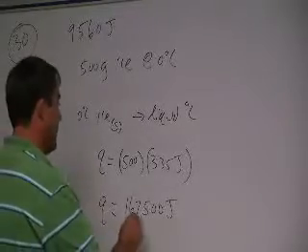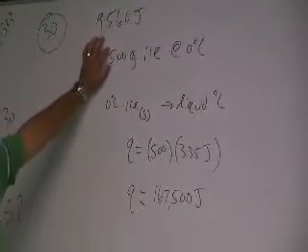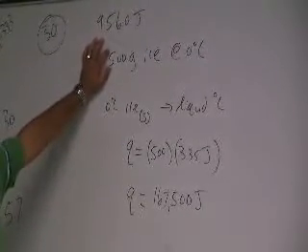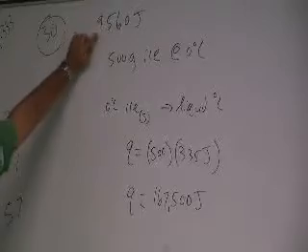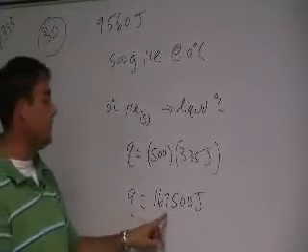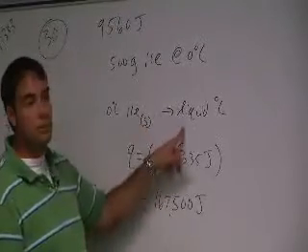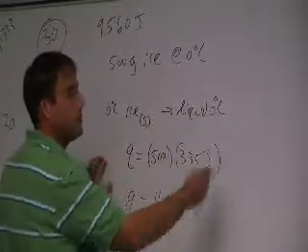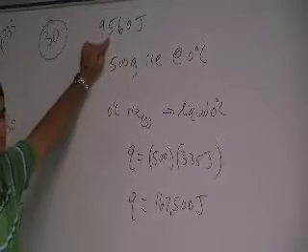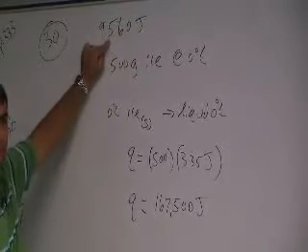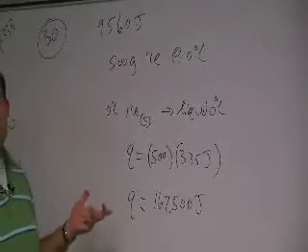So if we applied all that energy to this ice, what would the temperature be? Now look, first off, if you applied 167,000 joules of energy, you would go from a solid to a liquid, but you would still be at 0 degrees centigrade. Well, what would happen if you applied 9,000 joules of energy? You would still be way less than that, right? So the temperature should still be 0.